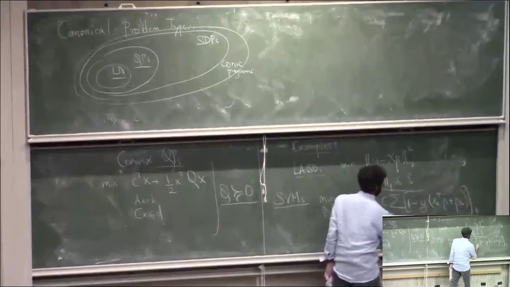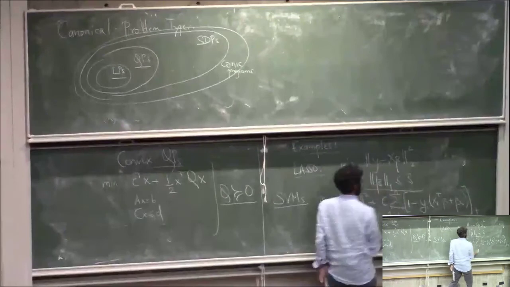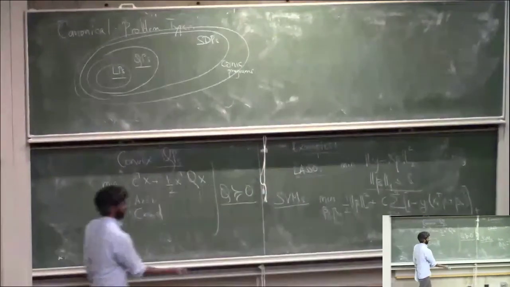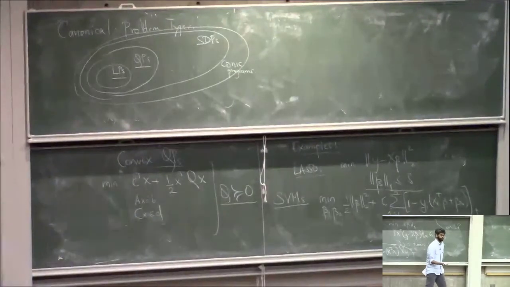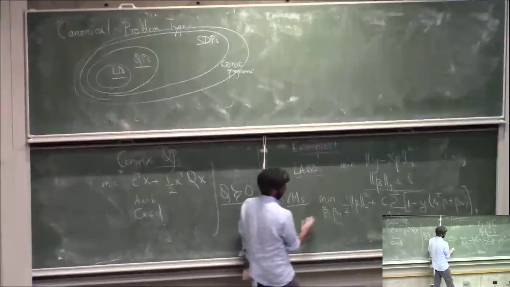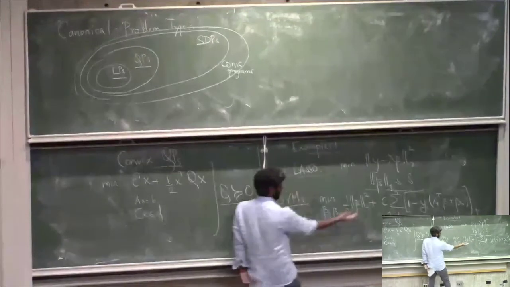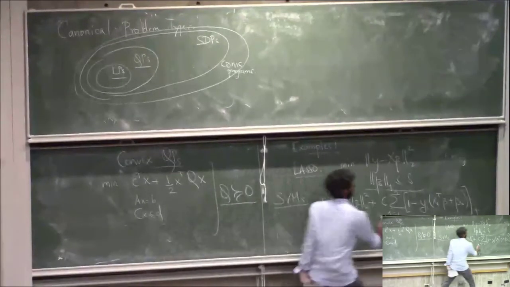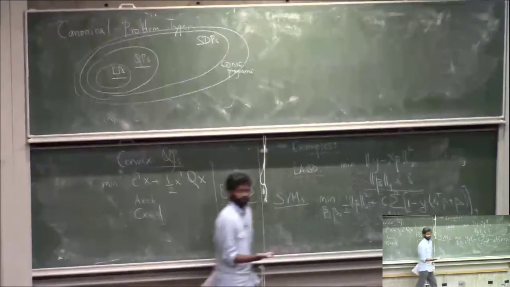Over all the examples, you minimize something that looks like this. This is the hinge loss form of support vector machines. Again, you can rewrite it in the slack form, and then you'll see that these are just a bunch of linear inequality constraints.